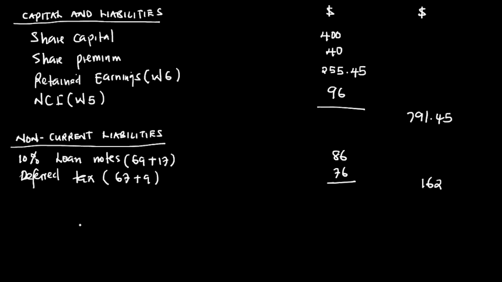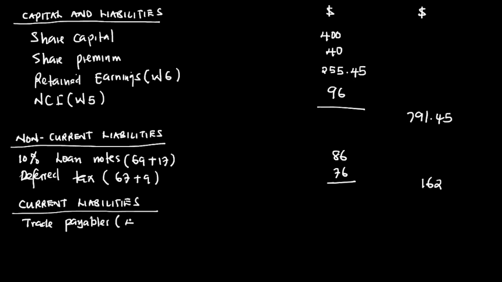Then finally, current liabilities. Trade payables, $40 plus 27. Then minus the 12, the intercompany debt, the one that we deducted from the receivables, that's 55.